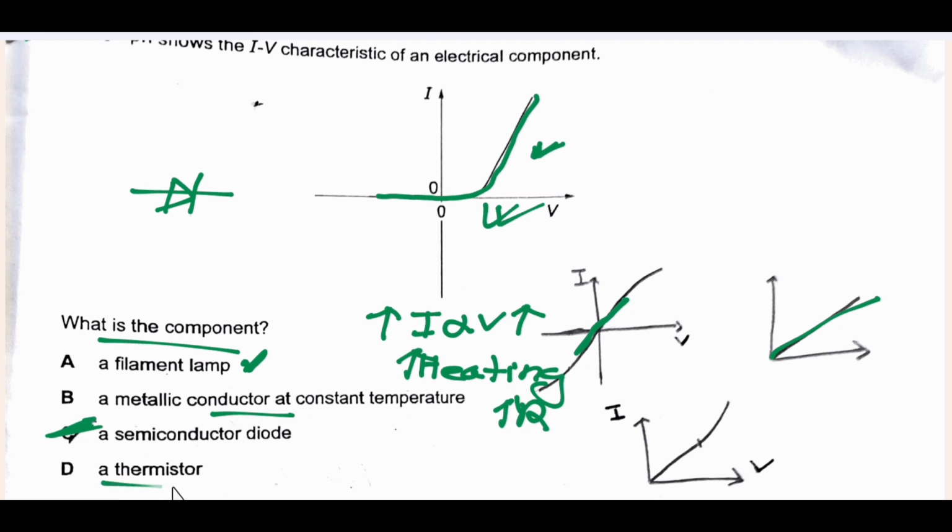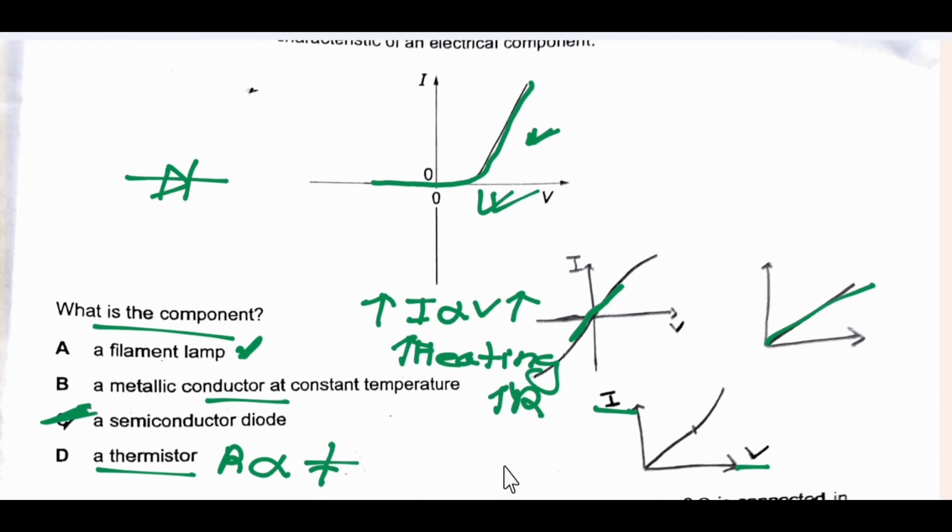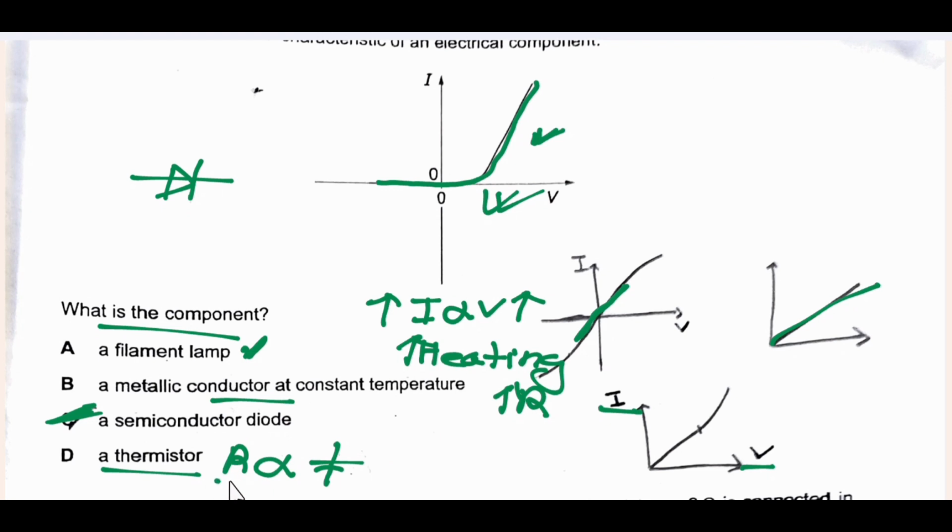Then what is the IV graph of a thermistor? For a thermistor, we know that resistance is inversely proportional to temperature, and for a light dependent resistor, resistance is inversely proportional to light intensity. But for now, for a thermistor, resistance is inversely proportional to temperature. So as voltage increases, current also increases.